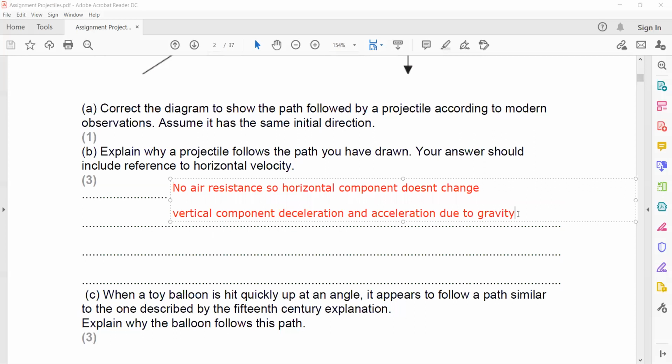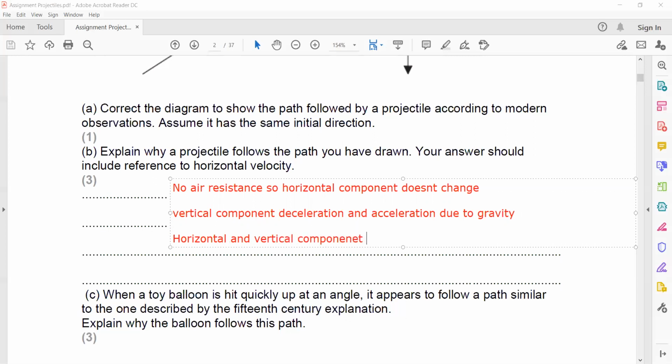And horizontal and vertical components are independent of each other, meaning the horizontal component will not affect the vertical component. So these are the points which will score the marks.